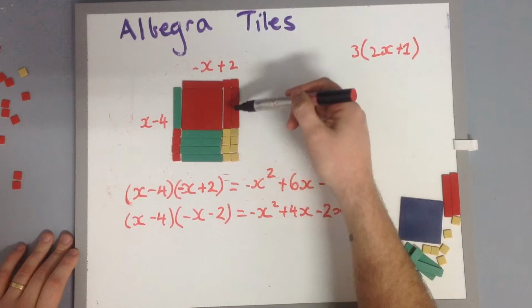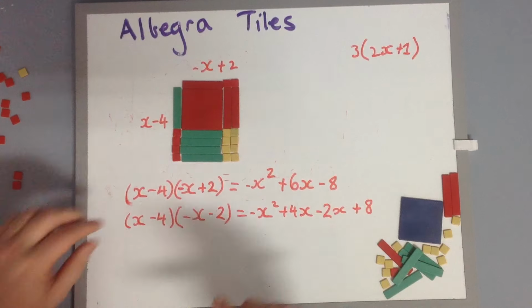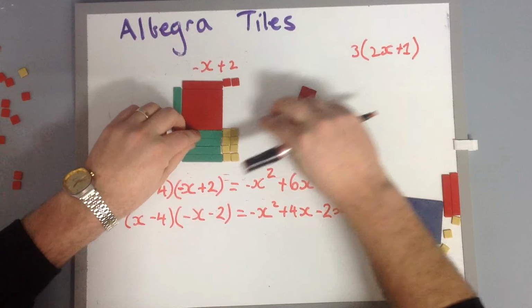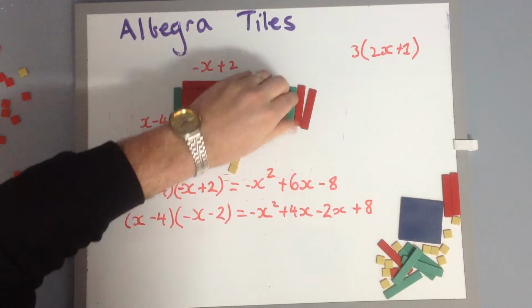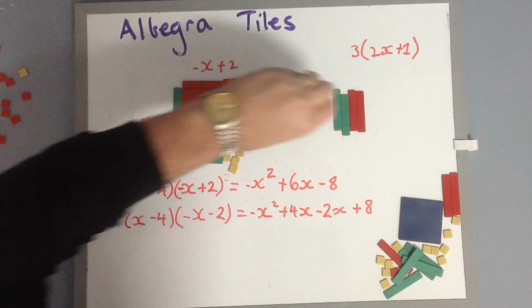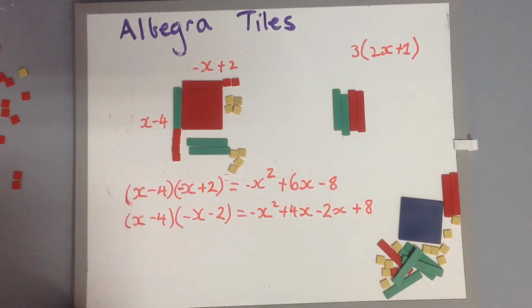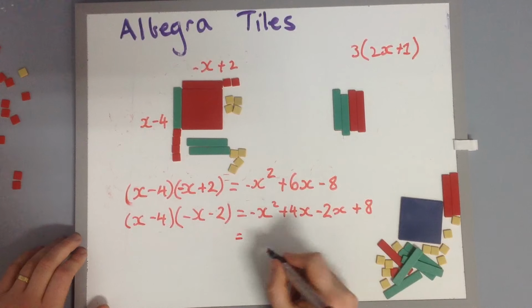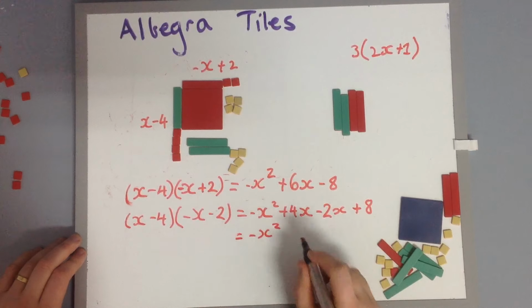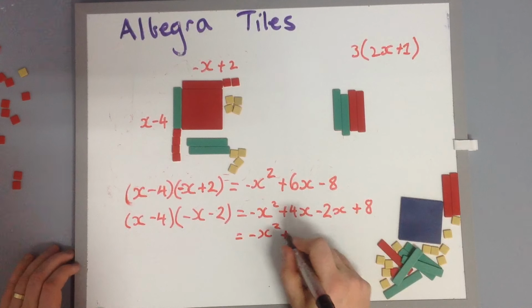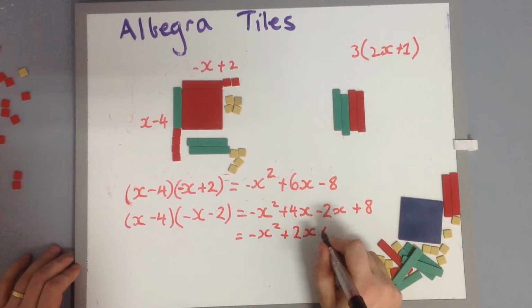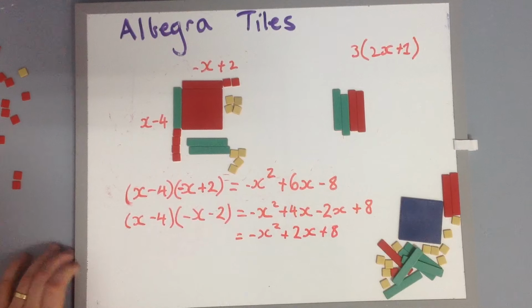Our 4 positives and our 2 negatives are like terms. We can think of 2 of these cancelling out with 2 of those, so our 2 negatives cancel with 2 positives, leaving us with 2 positives. Or if you like, we've got 4 lots of x take 2 lots of x, which leaves us with 2 lots of x plus 8. So it can be a little bit different there as well, and you have to be a little bit careful when you're looking at these questions.